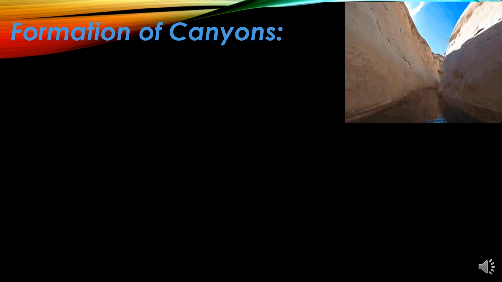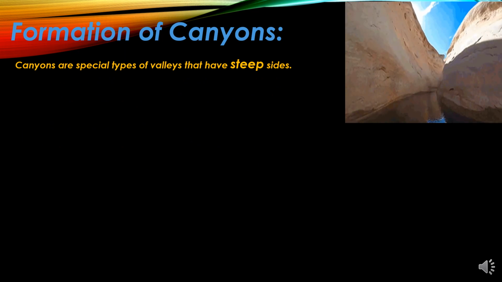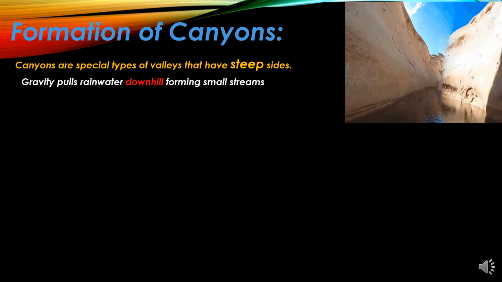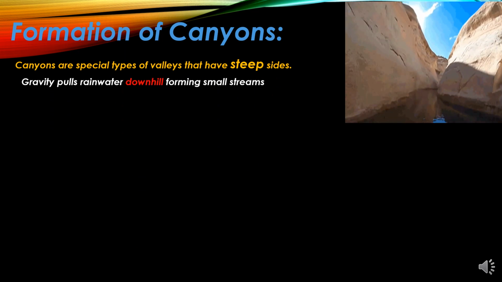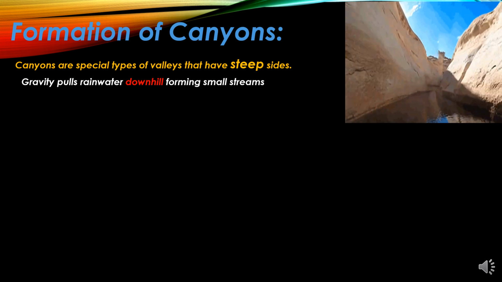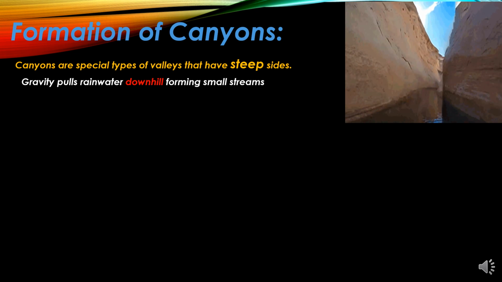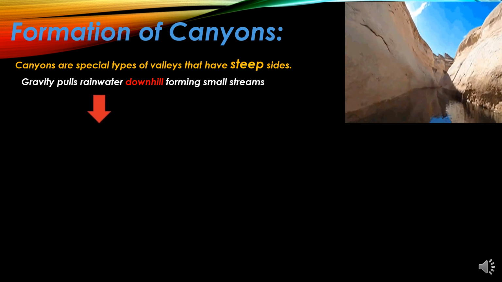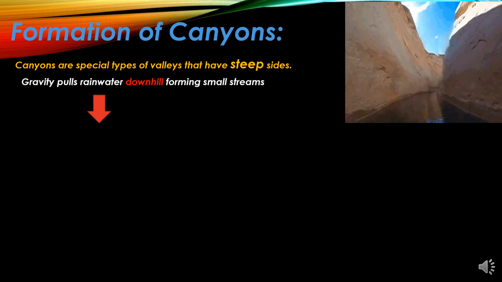We have said before, grade 4, that canyons are special types of valleys, but with steep sides. But have you ever asked yourself about how they are formed? Let's now say it. First of all, gravity pulls rainwater downhill to form small streams. Then these small streams join together to form bigger and bigger ones.